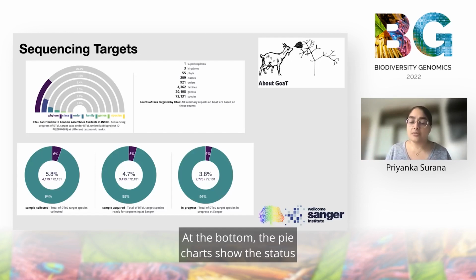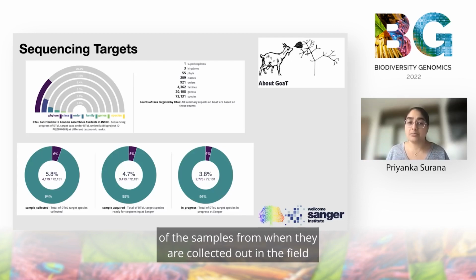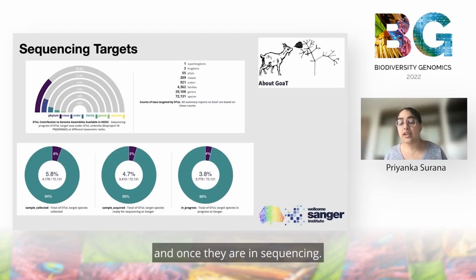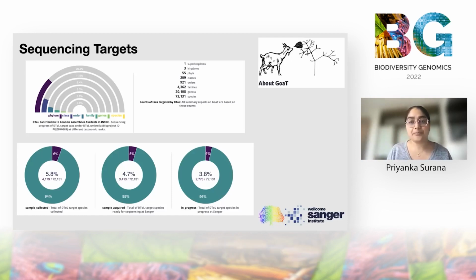At the bottom, the pie charts show the status of the samples from when they are collected out in the field to when they arrive here at Sanger and once they are in sequencing.